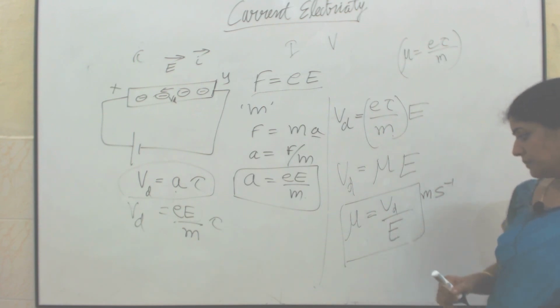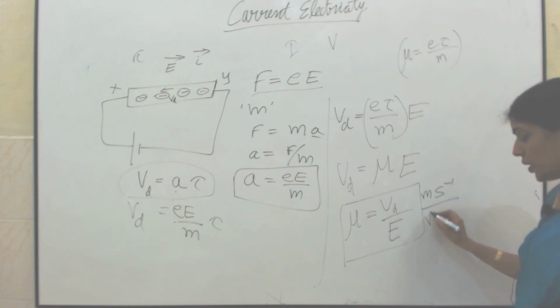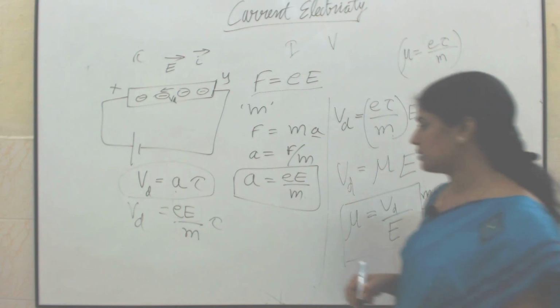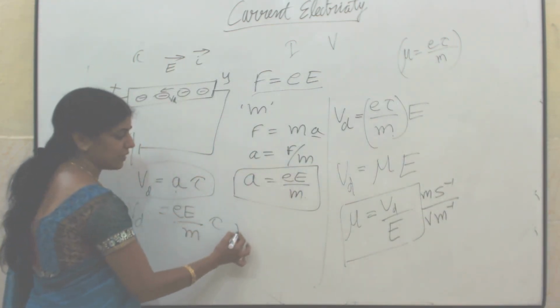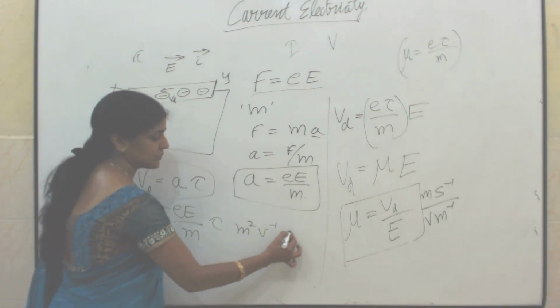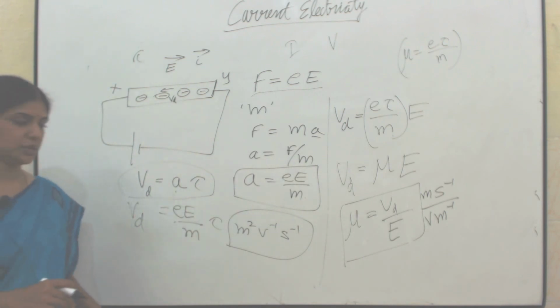What is the unit for the electric field? Volt per meter. Take this to the numerator, it will become m power minus 1. It will become m square V minus 1 s minus 1. So this will be the unit for your mobility.